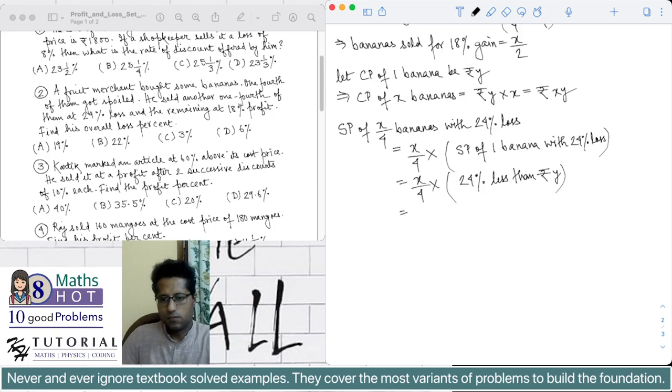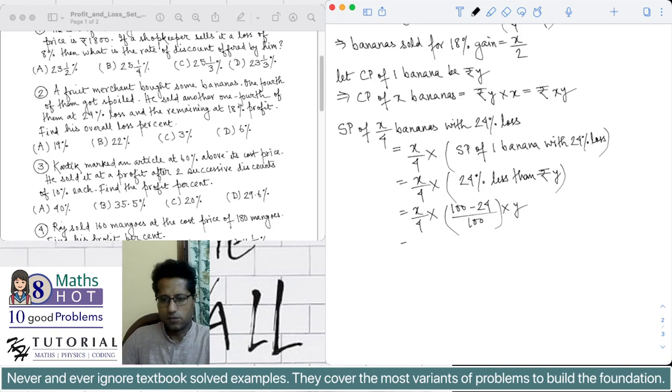This is equal to x by 4 multiplied by what is 24% less than y, that is 100 minus 24 divided by 100 multiplied by y. I am ignoring the rupee symbol. It has to be written, but I am ignoring it, I hope you will understand.